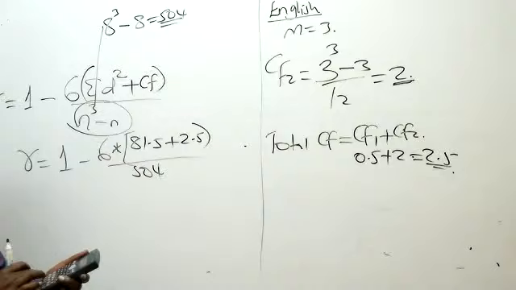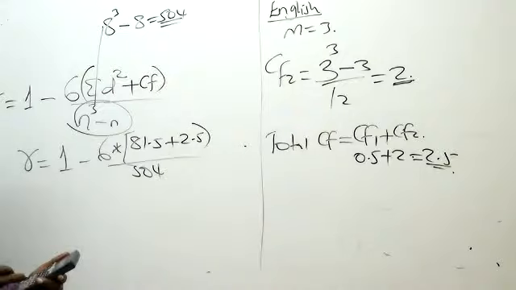So then what do we have at the end of the day? It will be 1 minus 6 times, open brackets, 81.5 plus the correction factor, close, divide by 504. The calculator has a problem.